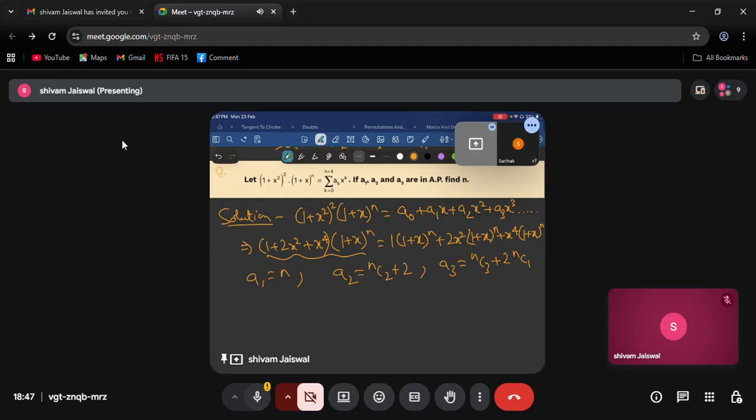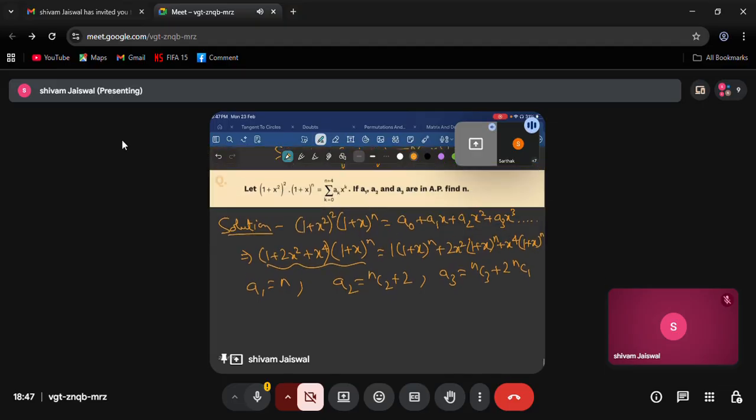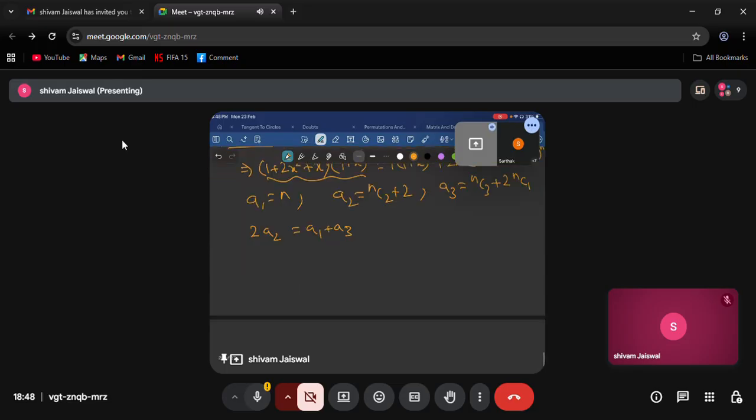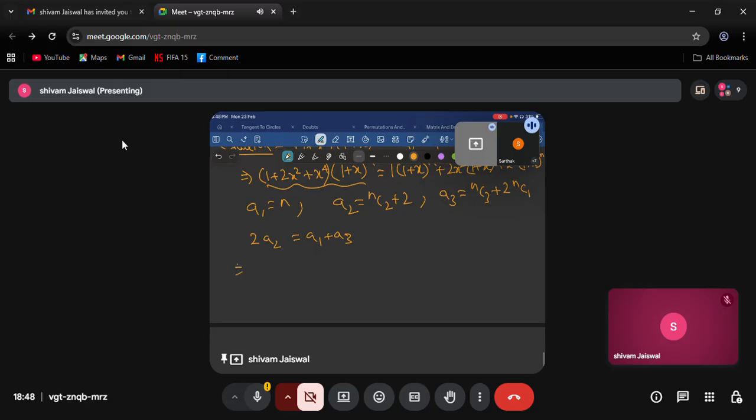Yes or no? Now, if A1, A2, A3 are in AP, that means 2A2 is equal to A1 plus A3. Now what is 2A2? 2 into NC2 plus 2 is equal to A1, that is n, plus A3, that is NC3 plus 2 NC1.